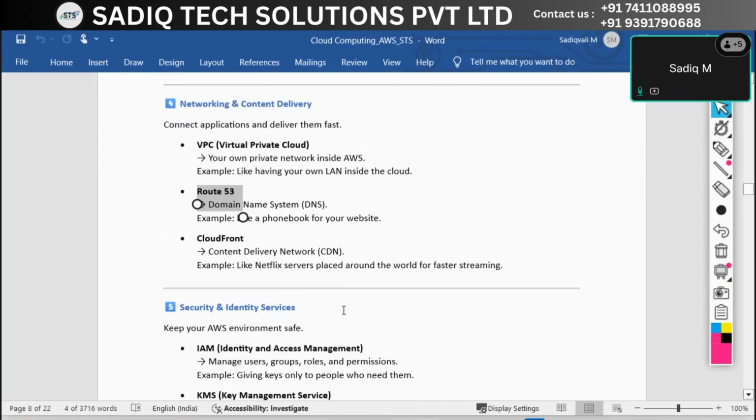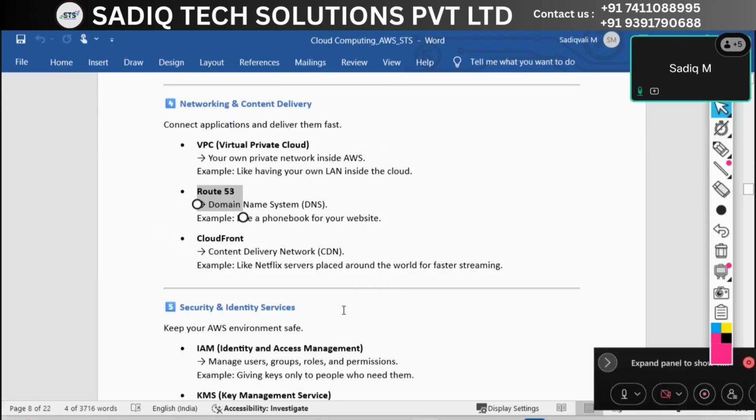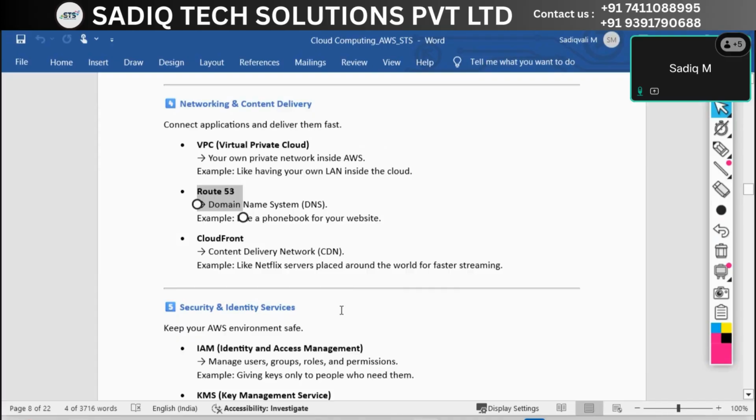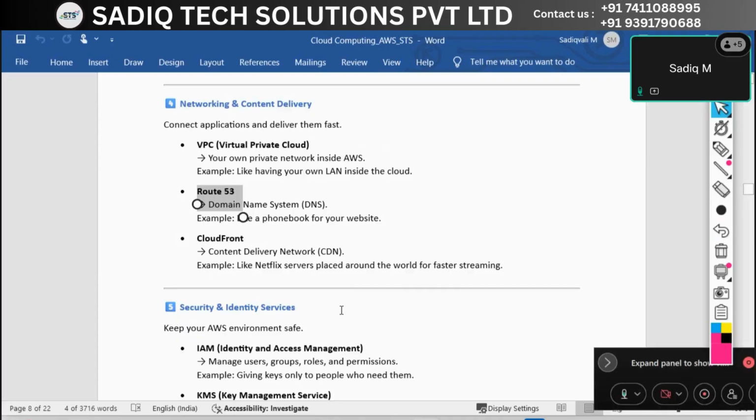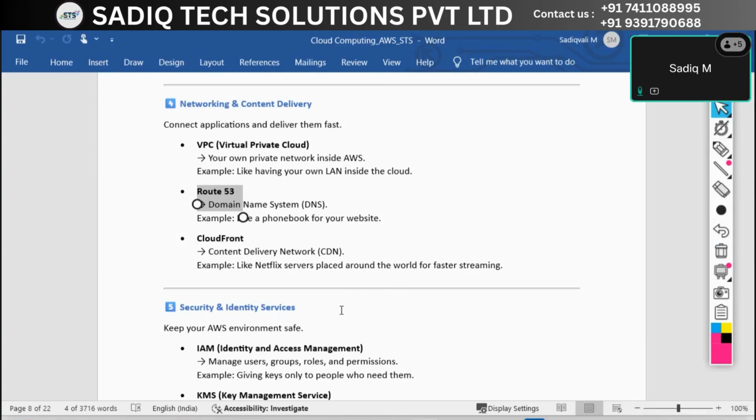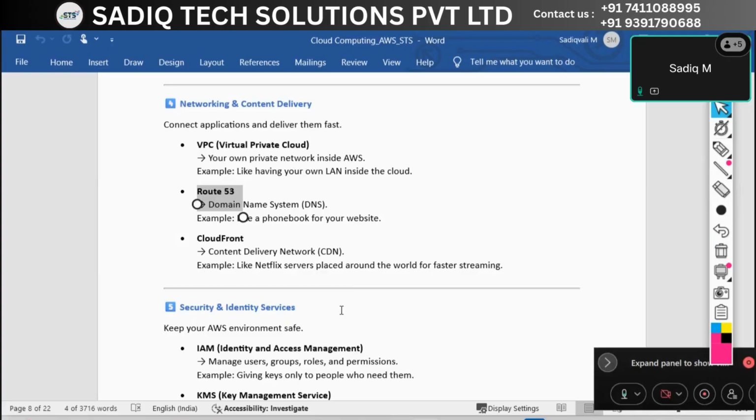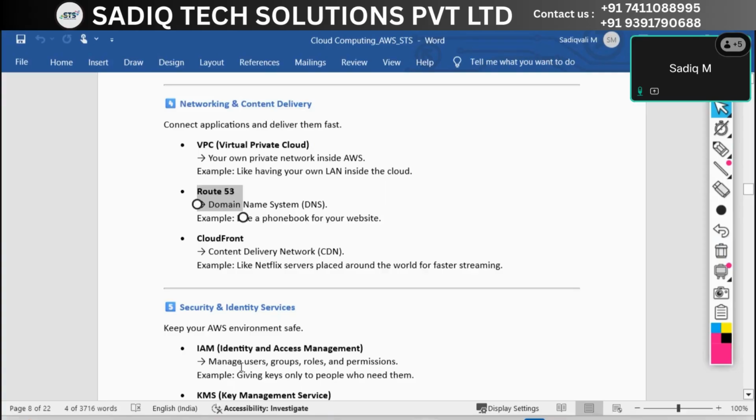That's why they are number one in the market, despite Google Cloud and Oracle Cloud also being there, and Microsoft Azure also there. But despite all these big competitors, Amazon is leading in the market because they have that many services. Suppose you want to go to a shop and you need 10 different items.